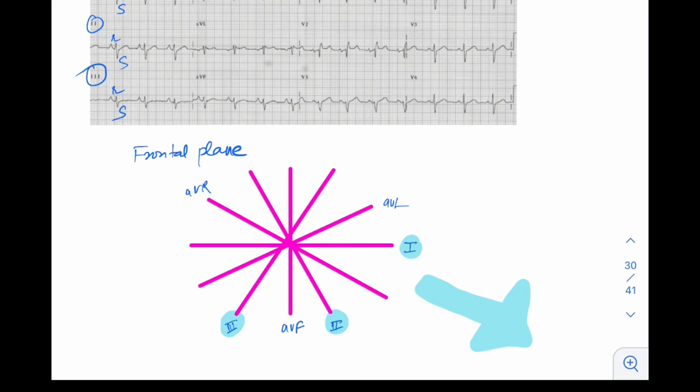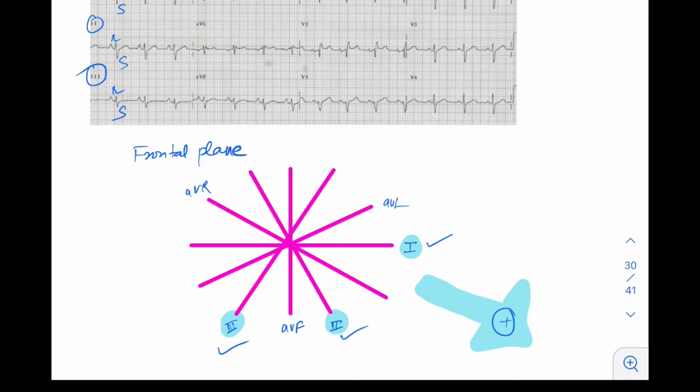Now according to this, you will see that it will be showing a positive deflection in the leads 1, 2 and positive to nearly isoelectric in lead 3, because now the positive side of the vector of depolarization will be facing the recording electrodes, which are leads 1, 2 and 3 in this case.